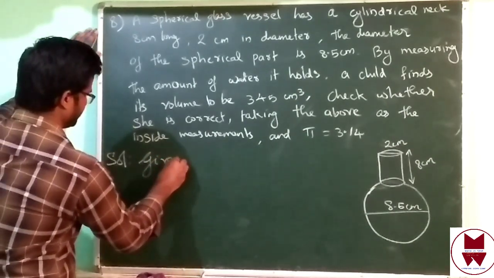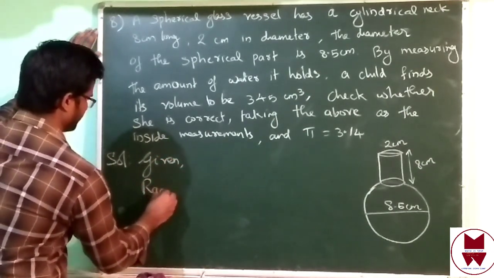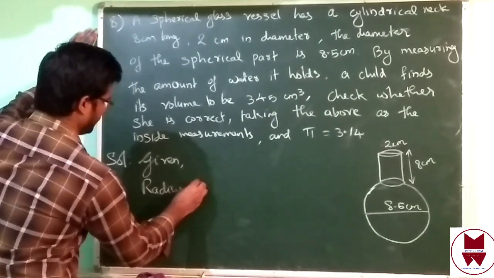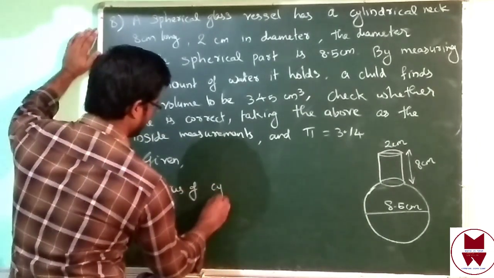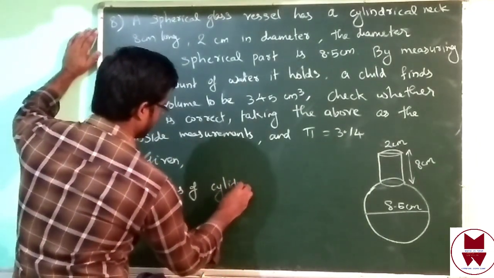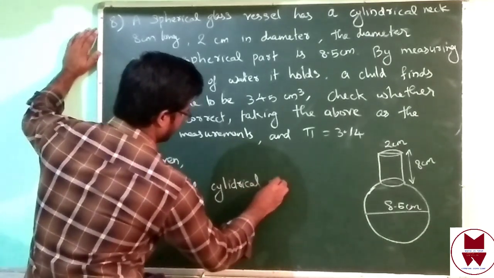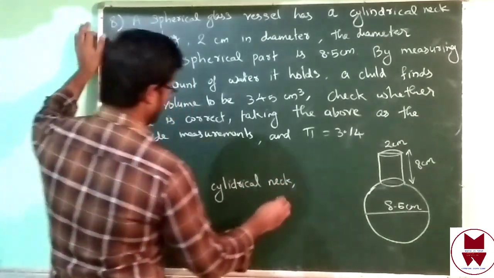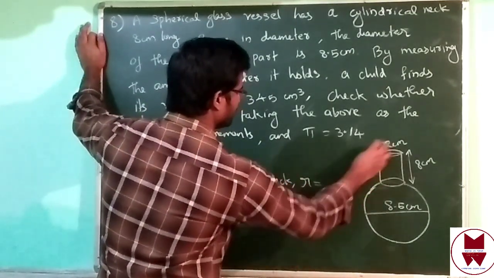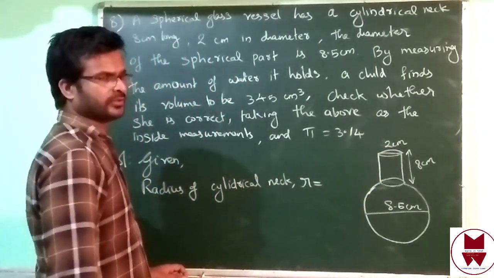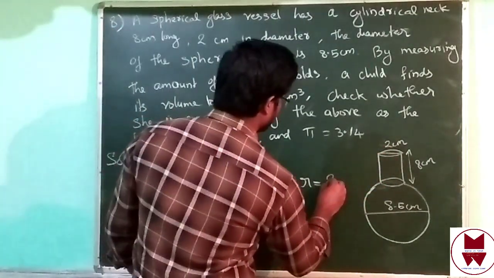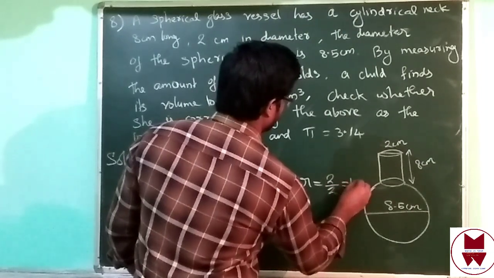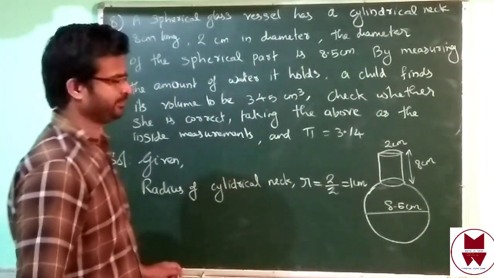Given, radius of cylindrical part, cylindrical neck, we can take small letter r equal to diameter 2 centimeter, then radius means 2 divided by 2 equal to 1 centimeter, half of diameter.